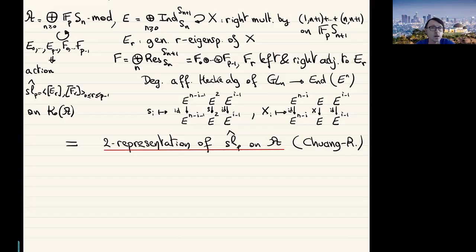So that's something that with Chuang we called two-representation, or I don't know if we call it like that, but that's something we studied, and you can study more generally abelian categories endowed with that type of structure. And you can classify, I mean, you can do that for SL2 or for SL_N or various type A affine algebras.